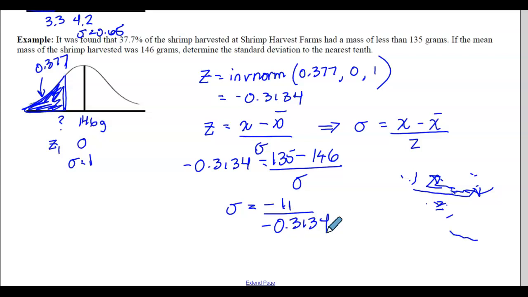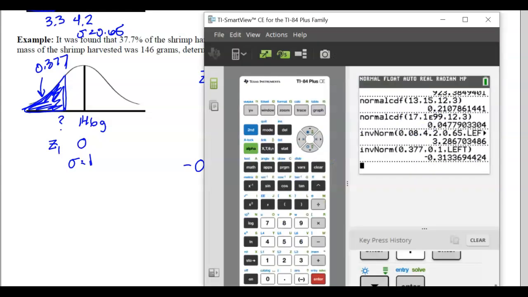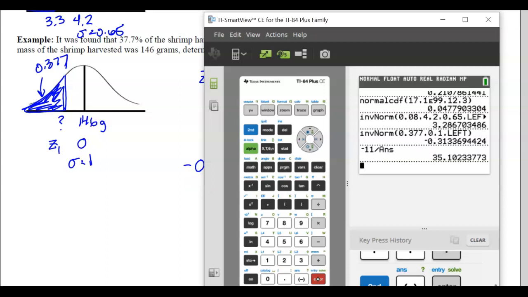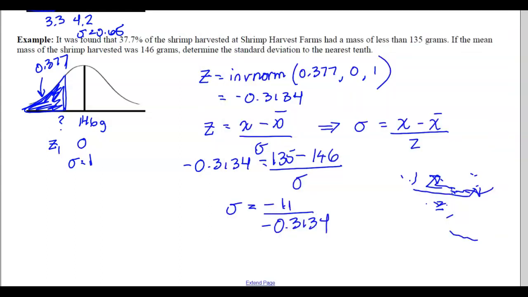In your calculator, go negative 11 divided by that answer, so second negative is the answer, you can go up and select it. So our standard deviation is 35. What did it say to round to? Nearest tenth, so 35.1.